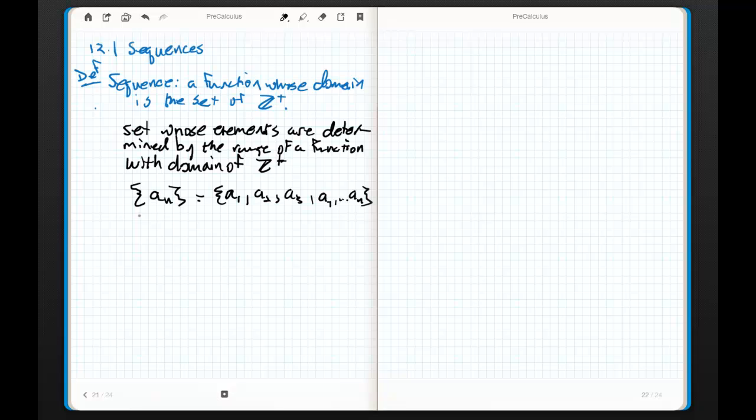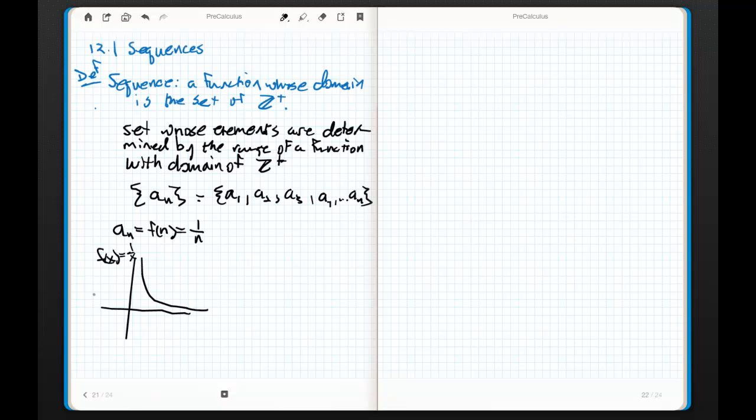So think about it this way. If I let a sub n equal f of n, which is going to equal, say, 1 over n. Basically what I want to instill in you right now, because this is going to be really useful when you get to calculus, is that we simply take a function, f of x, let's say f of x equals 1 over x. And then we know what that looks like.